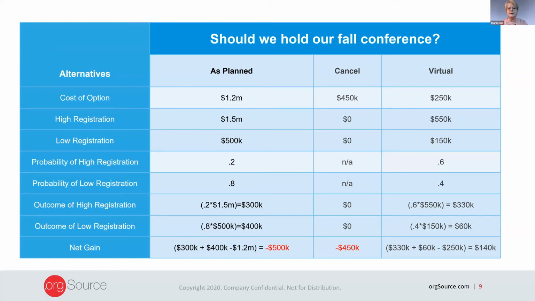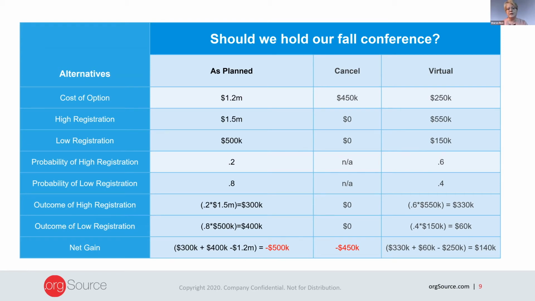We take the probability that we assign, 0.8, I'm sorry, not 80%, and we multiply that by the 500,000 number, that's our projected low registration, and we come up with 400,000. So then to calculate the net gain, we take the 300 plus the 400,000, we subtract our cost at 1.2, and we come up with a net gain, a net loss, I should say, a negative number, of 500,000.